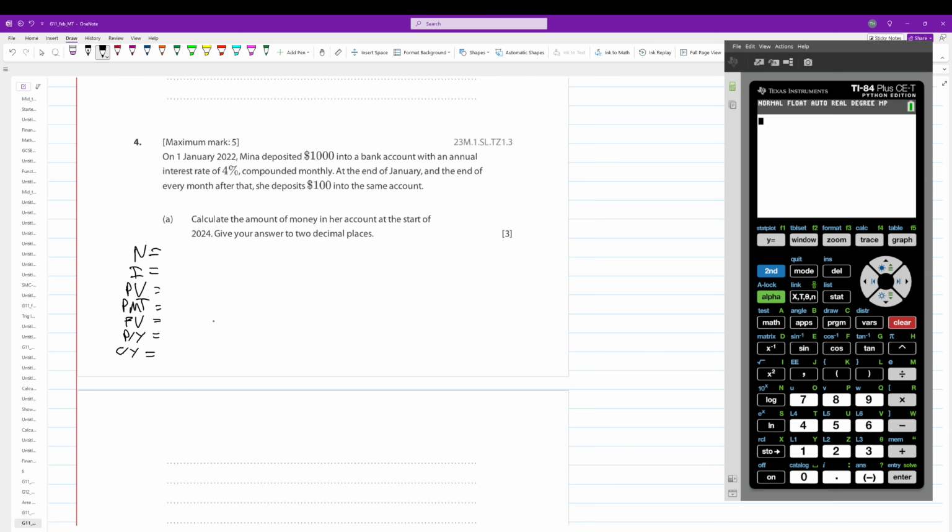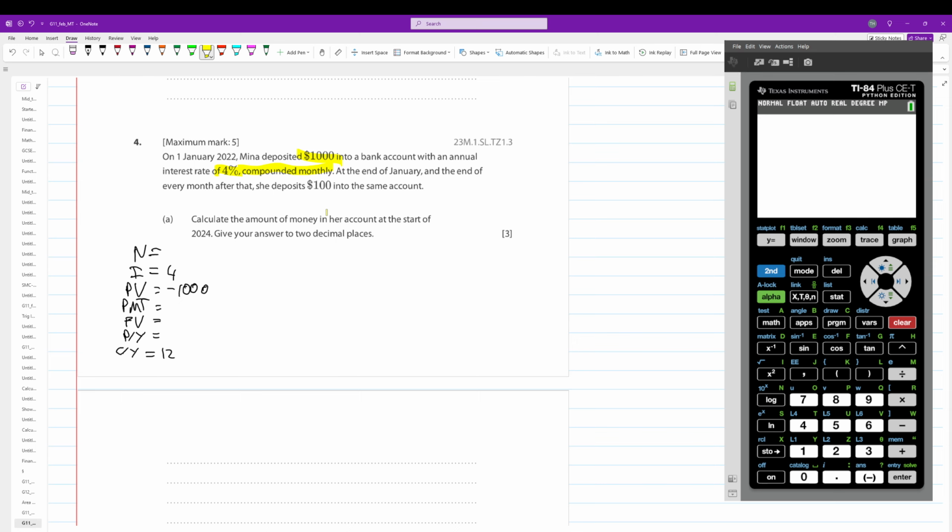So on January 1st of January 2022, Mina deposited $1,000. So therefore my present value is negative 1,000. I've given away $1,000 to the bank, or Mina has. I have an interest rate of 4%, compounded monthly. So monthly compounds is 12.